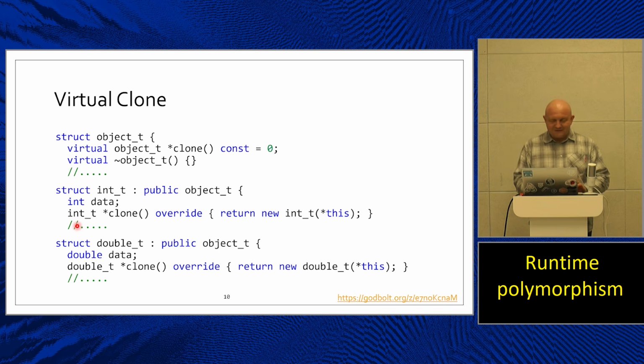And this virtual function allocates a copy dynamically. Each derived class overrides this clone and returns this new int of t, new double of t, and so on. And this works, but there are problems. First, raw pointers. We don't want raw pointers. We want unique pointers here, shared pointers, yes. And second, boilerplate. Every derived class has to repeat some pattern. The mechanism is correct, but the repetition is annoying.